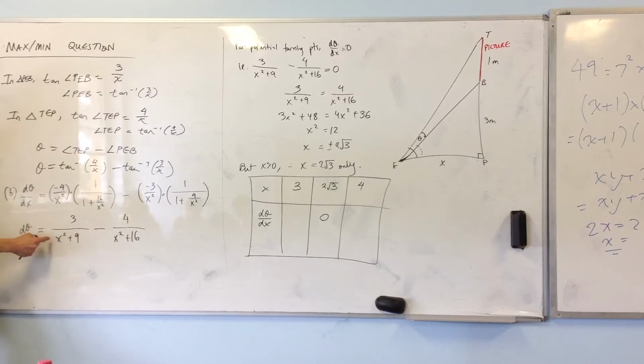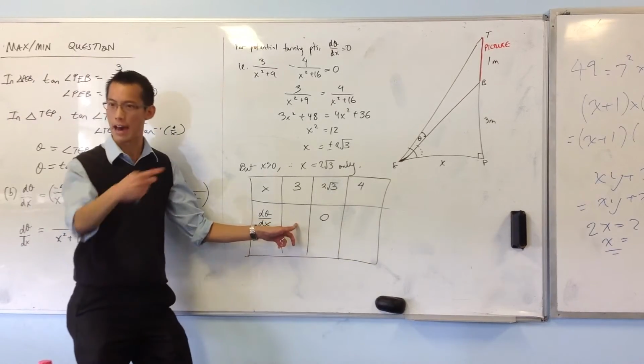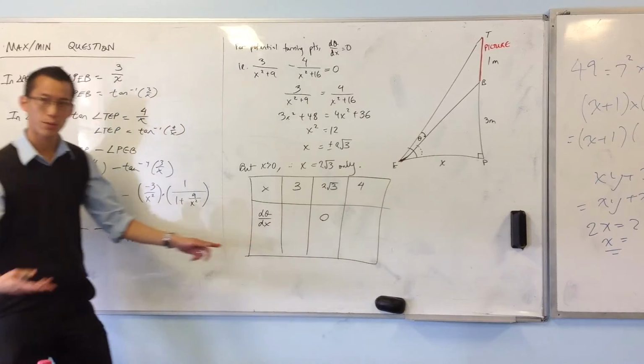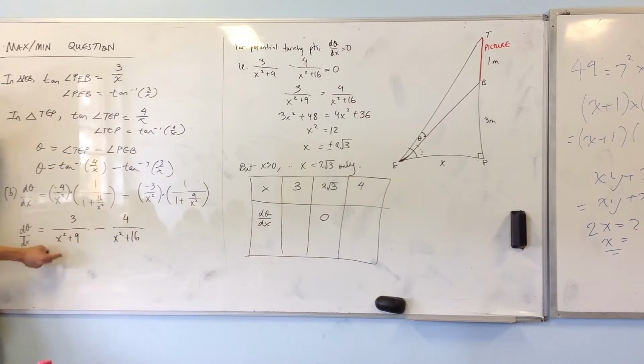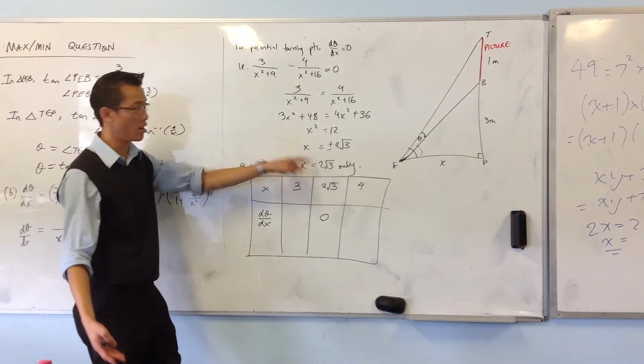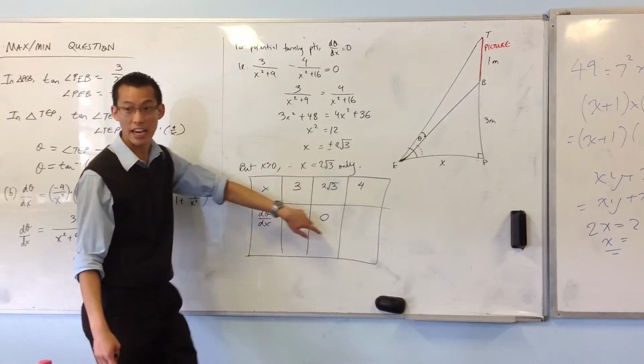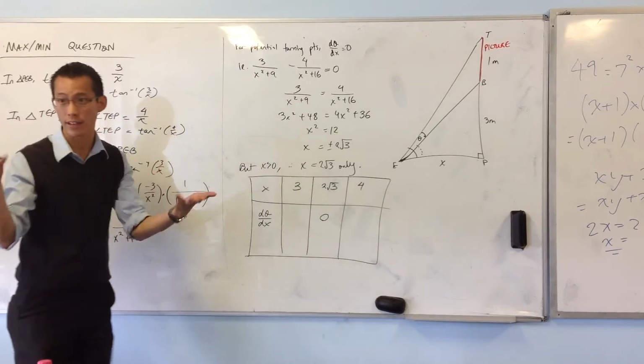I would expect that maybe I've done something wrong with my derivative, okay? Because usually having got it right, it's not that hard to put the values in. Where I'm more likely to have gone wrong rather than evaluating it is that I've got this derivative wrong, okay? It's suspicious that I would have gotten it wrong because I've got the right stationary point, right? So it had to be valid to some extent. But maybe check your calculator even, that you're inputting it correctly, okay?